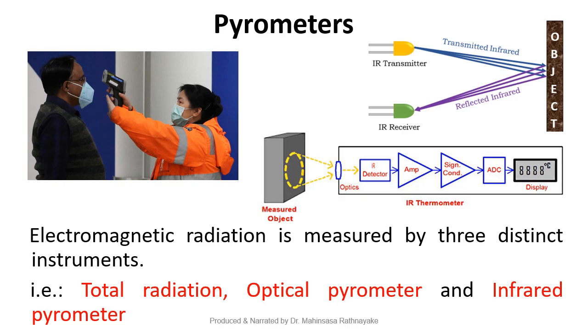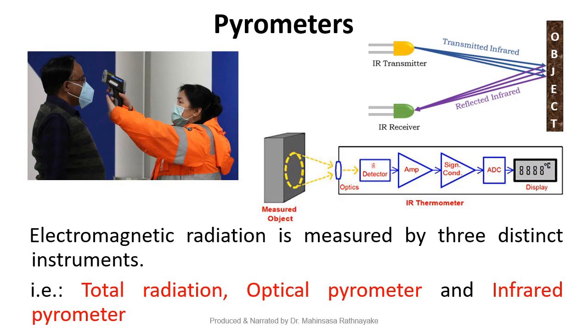That is one type of pyrometer. The principle of infrared thermometers is that in any infrared thermometer, there is an infrared transmitter and an infrared receiver. When you want to measure the temperature, you send a transmitted infrared signal to the object, and the reflected infrared is received, and based on that an electronic circuit inside displays the digital temperature measurement.